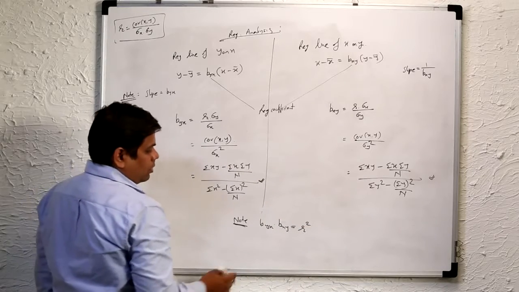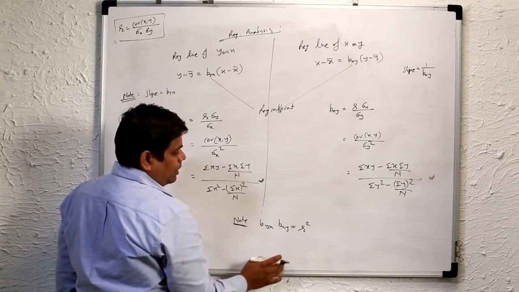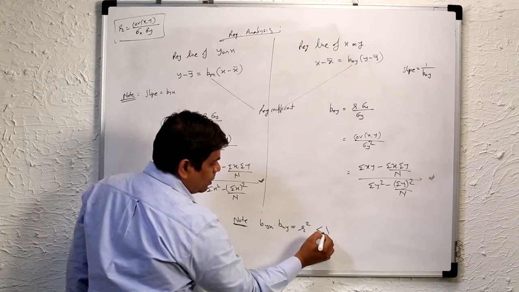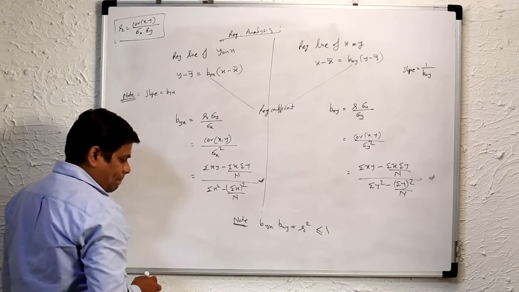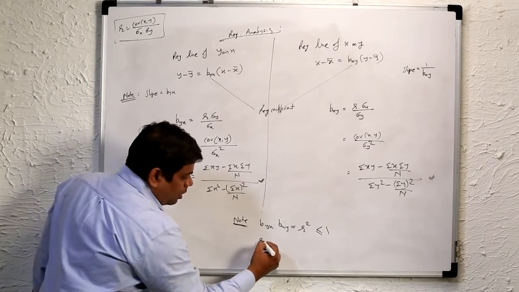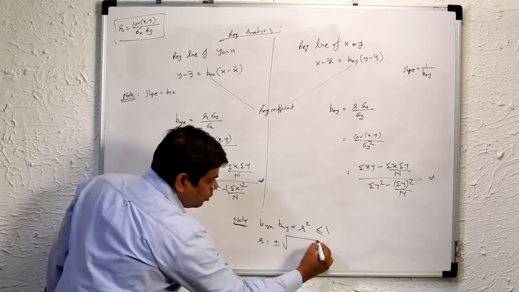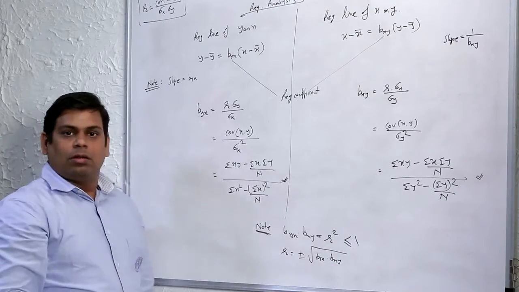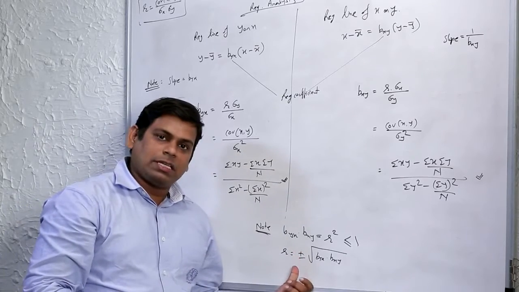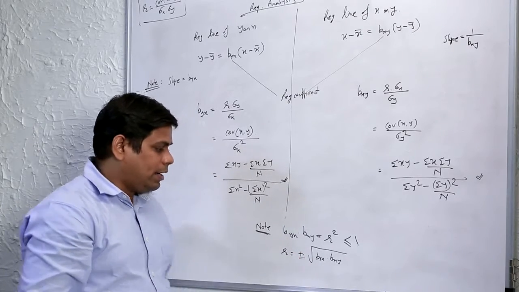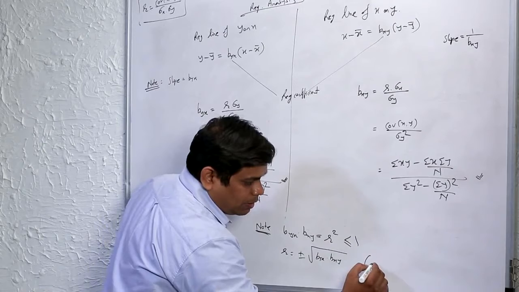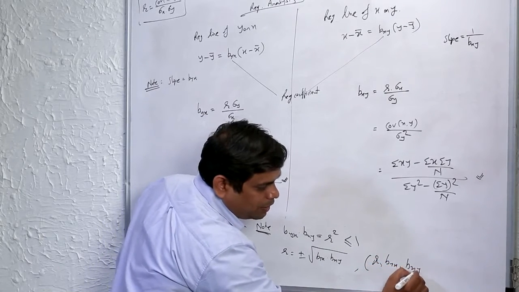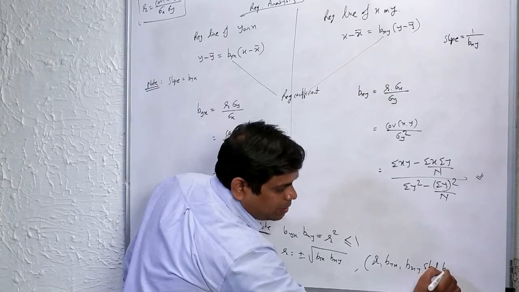So one must note that byx into bxy is equal to r square, which is always less than or equal to 1. Note r is going to be plus or minus root of byx into bxy. To decide whether the answer is positive or negative, one has to note that r, byx, bxy should have the same sign.